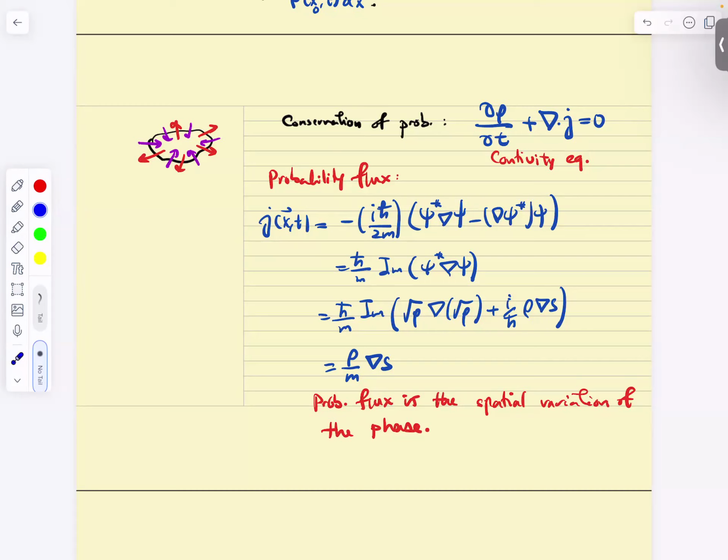You've seen this in classical physics and the very basics of fluid dynamics, the continuity equation. You've seen it in electromagnetism, right? Hopefully you recall electromagnetic continuity.